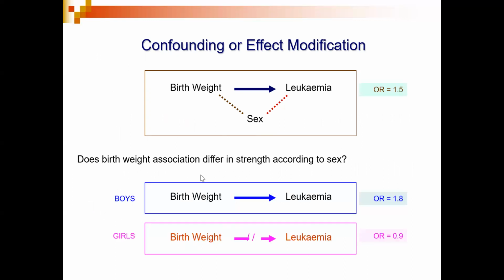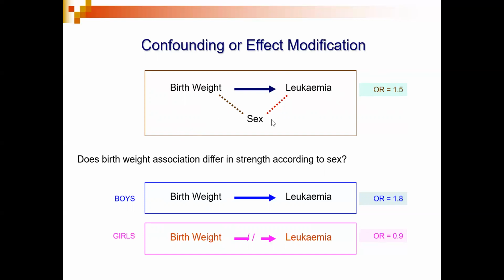This is explained here, and if you assess the relationship between birth weight and leukemia, the crude odds ratio is about 1.5. Assuming we have two categories, low birth weight and high birth weight, it means those with a lower birth weight are 1.5 times more likely to develop leukemia as opposed to those with a higher birth weight. So that is our odds ratio.